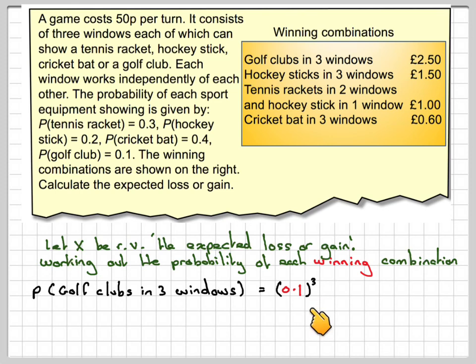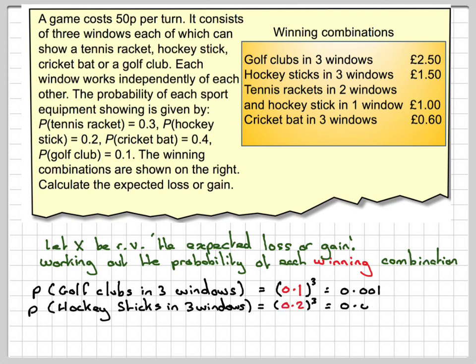So 0.1 times 0.1 times 0.1, and that can only happen one way. That's equal to 0.001. The probability of a hockey stick in 3 windows: the probability of a hockey stick is 0.2, so it's 0.2 cubed, which is 0.008.